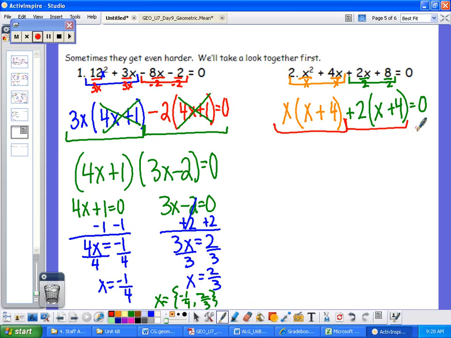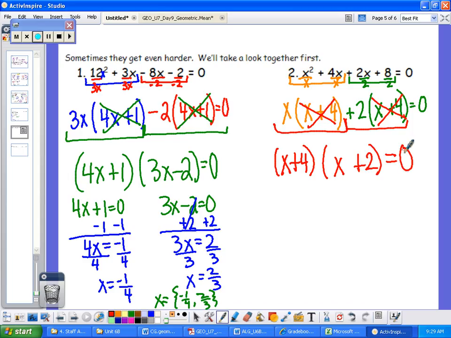See what's common. I see what's common as 4x plus 4, what's in parentheses. I take it out. It leaves me x plus 2. Remember, factor, group, factor, or group, factor, group, and factor again. Now, set your first factor equal to 0.